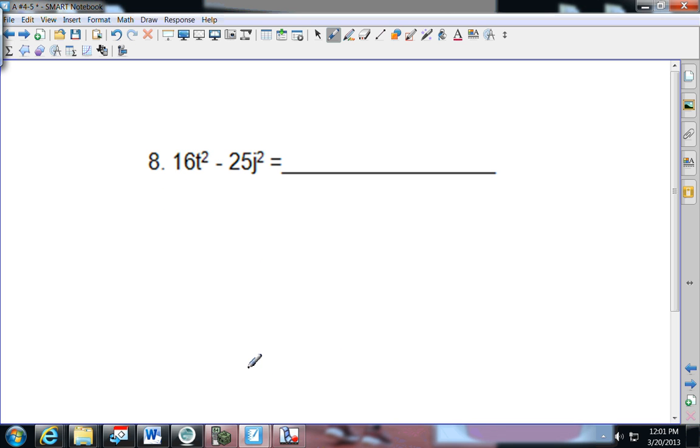Number 8, I still have 2 terms. They both have a minus in between them. So again, a plus and a minus. Now, 16, what multiplies times itself to give you 16? 4, so I have 4t and 4t.